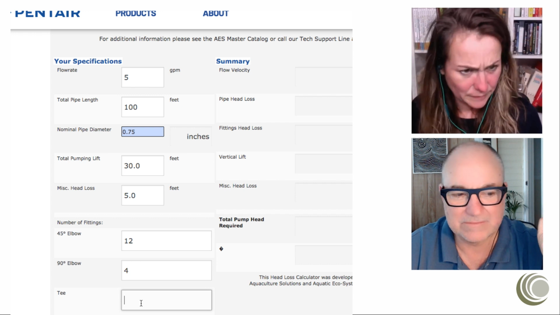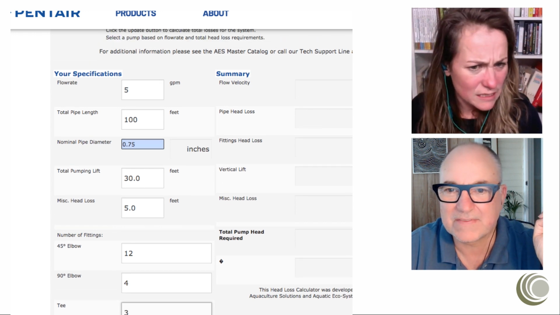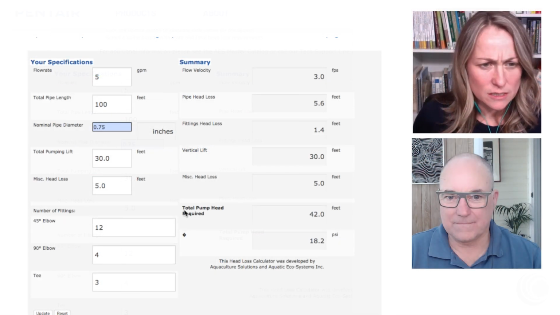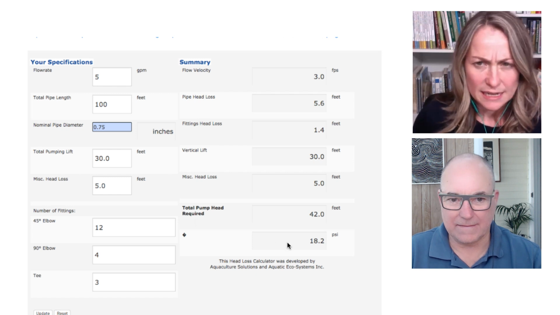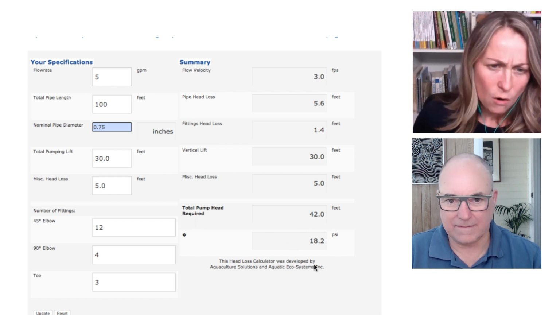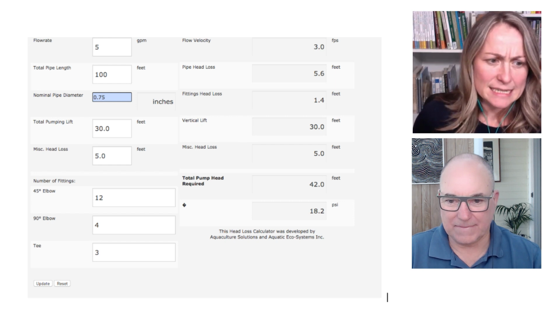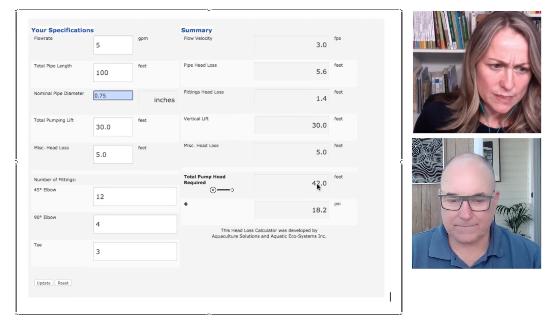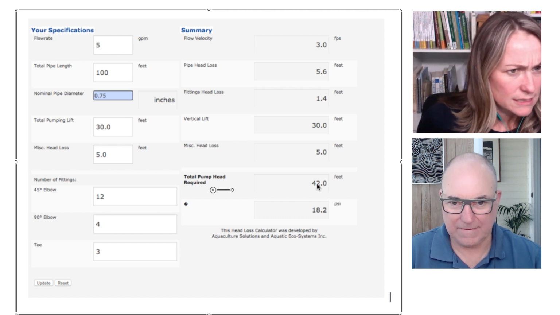And then I think update. There we go. The pump head required, as per this calculator, is 42 feet or 18.2 psi. And this pump head includes elevation head, because we put that in over on this left hand side.